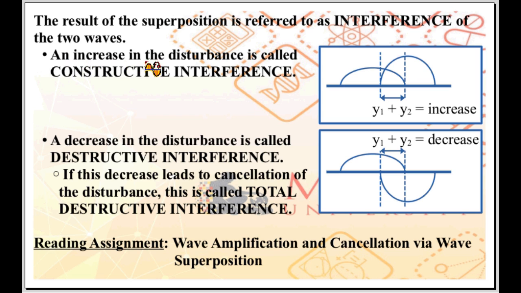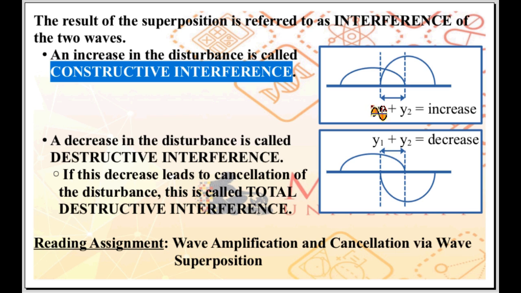If there is an increase, you have constructive interference. The y1 plus y2 for the points of overlap leads to an increase in the disturbance experienced by the medium.